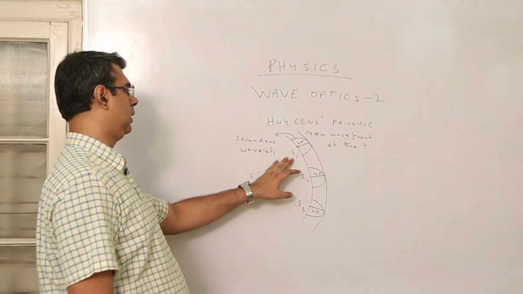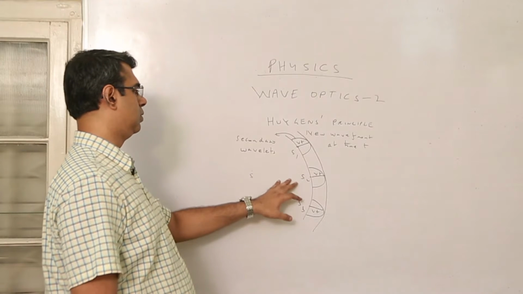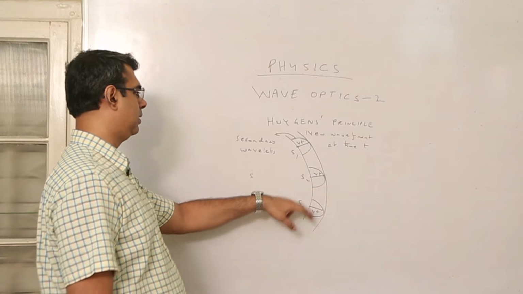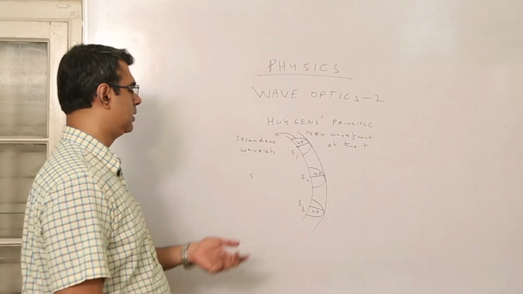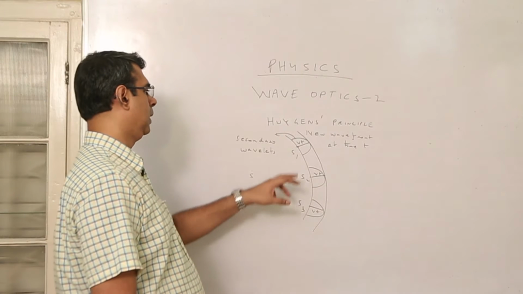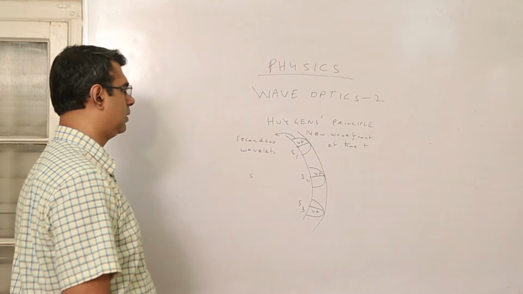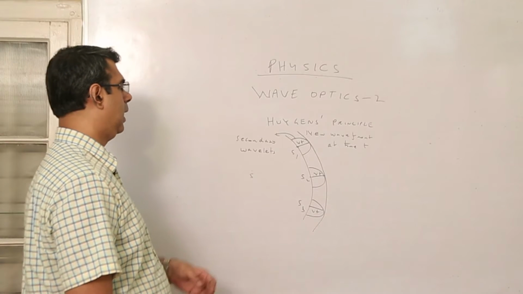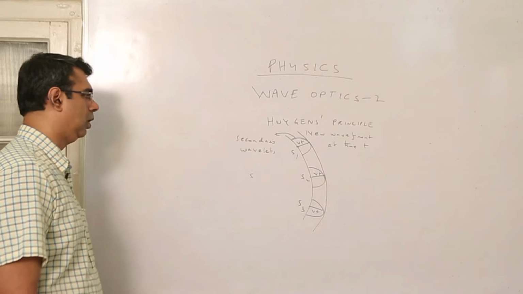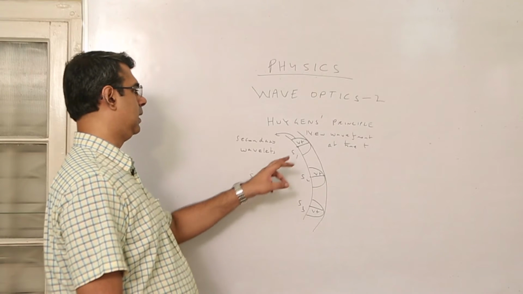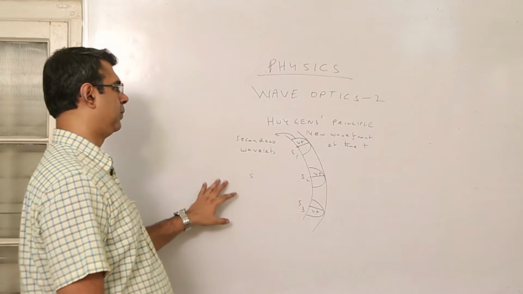On the wavefront you have 3 points S1, S2, S3. With S1, S2 and S3 as center, you drew secondary wavelets. Each wavelet has radius Vt, where V is the speed of light and t is the time. And the envelope of all these wavelets gives the new position of the wavefront at the time t. These secondary wavelets are all of fixed radius, and the radius will be V into t. So this is known as Huygens principle.